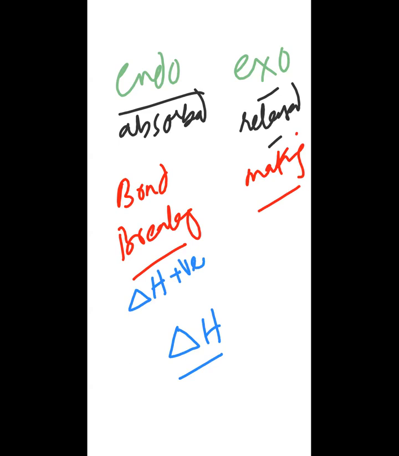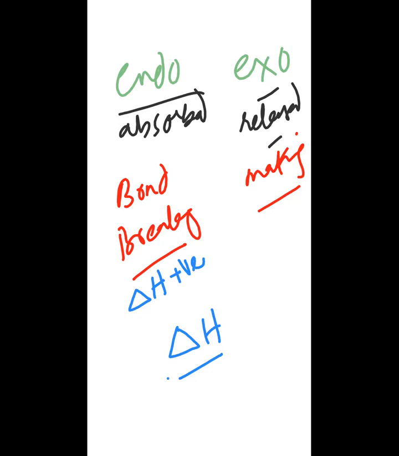Otherwise, in every reaction, there is a portion which is endothermic and there is a portion which is exothermic. I'll revise that again. When the overall reaction is endothermic, the value of delta H, the value of enthalpy change, the value of energy change is positive.